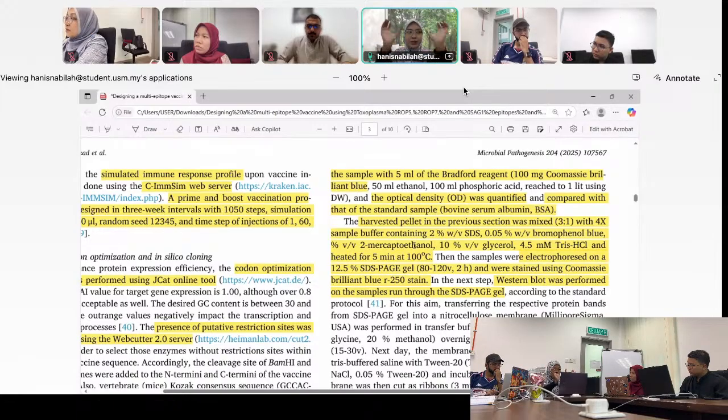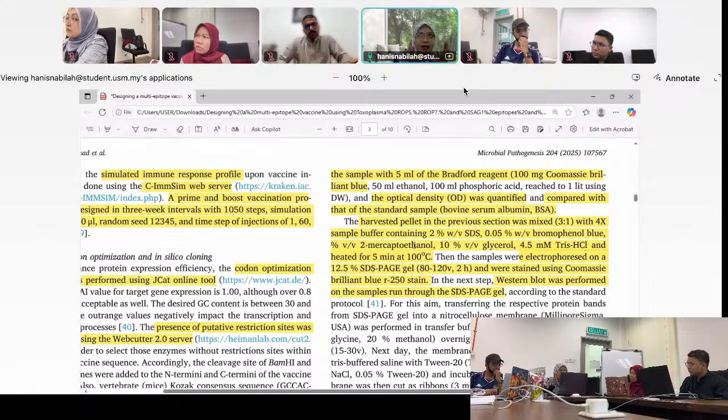So they get the epitopes, they predict the B cell and T cell epitopes using this protein, and then they use a certain murine HLA, and then they get the epitope. This epitope, they reverse translate to get the DNA, and then put this DNA sequence in the plasmid to amplify the sequence.